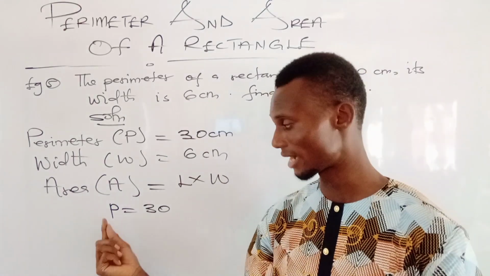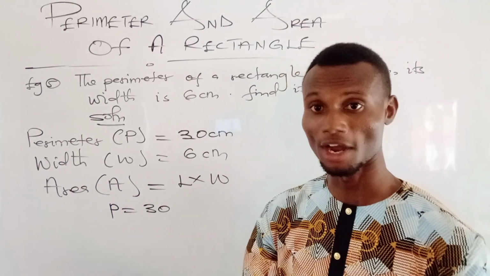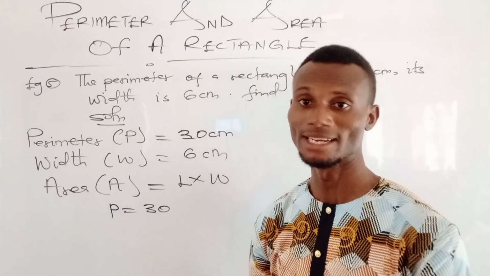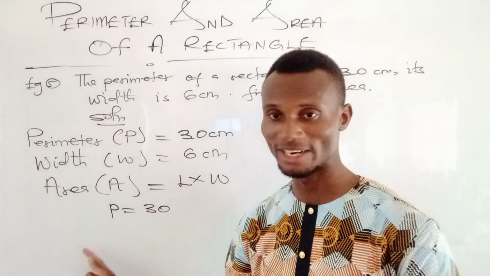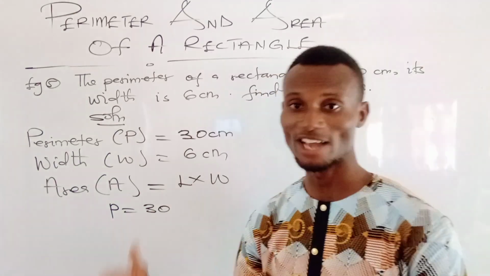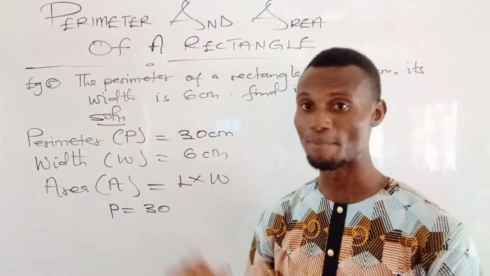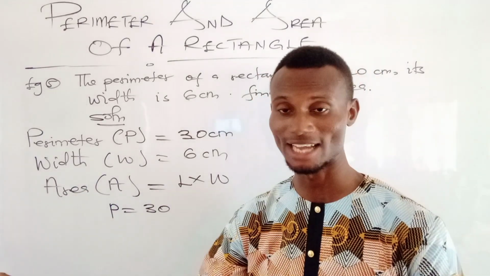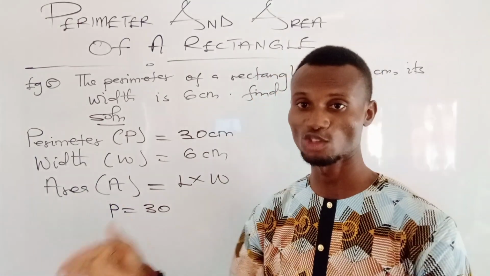As I said, the P represents the perimeter of the rectangle. So in place of P, I can put the formula for finding the perimeter of the rectangle there, which is 2L plus 2W. You know the formula for finding the perimeter of a rectangle. We've done it in the previous videos. We've established that it is 2L plus 2W.